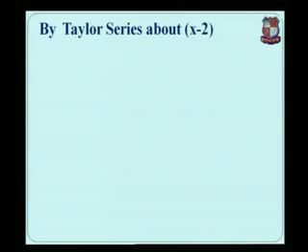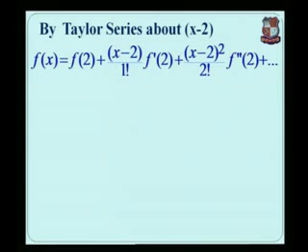So by Taylor series about x minus 2, the formula is f of x equal to f of 2, as in the formula there is f of a, but here a is equal to 2 by the data, that's why a is replaced by 2 in the formula. So f of x is equal to f of 2 plus (x minus 2) by 1 factorial f dash 2 plus (x minus 2) square by 2 factorial f double dash 2 and so on.